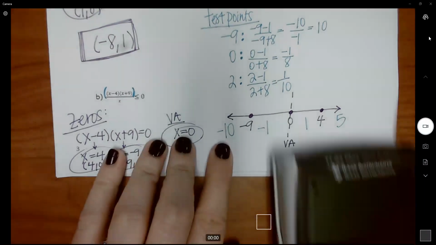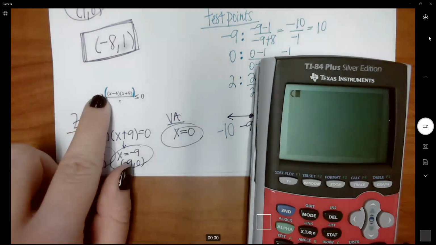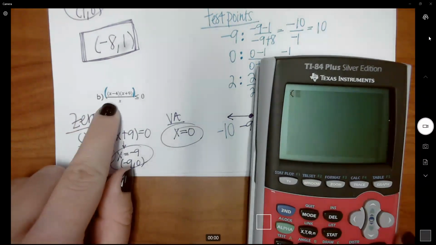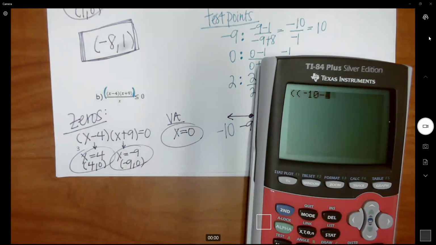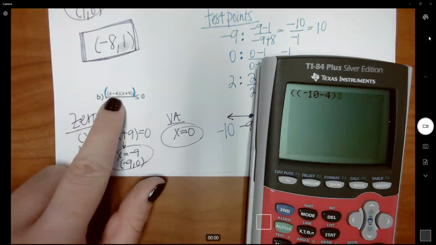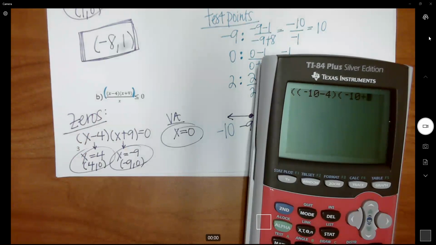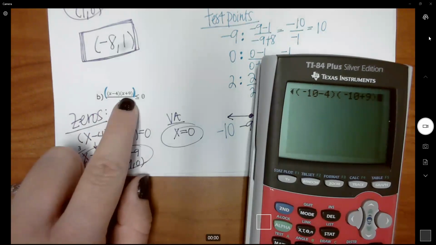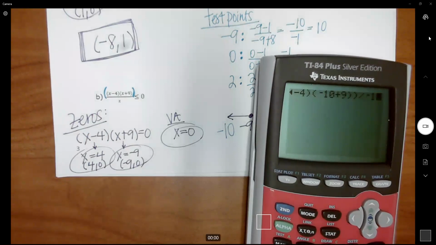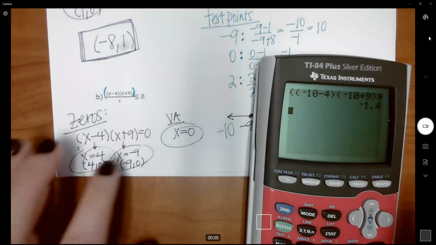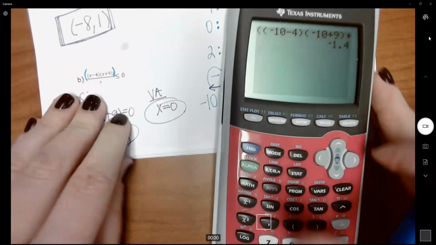So if I'm plugging in -10, parentheses that I'm adding, then parentheses right here, we'll have -10 minus 4. Close your parentheses, open parentheses, -10 plus 9. Close this parenthesis, close the parenthesis that we started with, divided by -10. So we get negative.